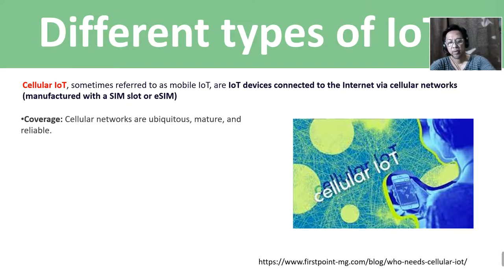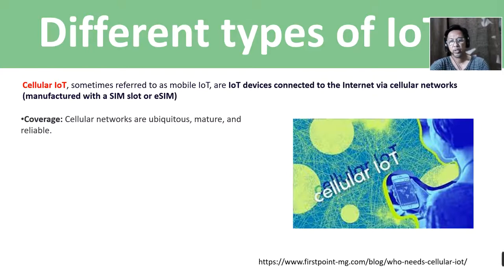So the coverage: cellular networks are ubiquitous. It means that they're already there, especially in high density populated areas. So you can always have a cellular signal.